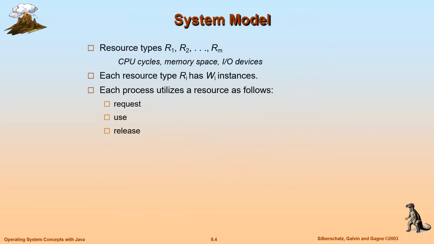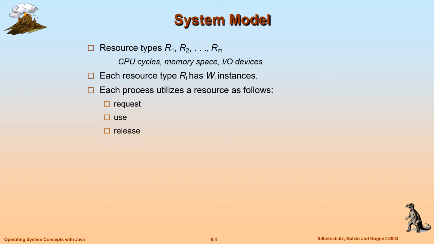System model. Here R1, R2 and so on up to Rm are resource types. They may be CPU cycles, memory space, or IO devices. Each resource type Ri has Wi instances.